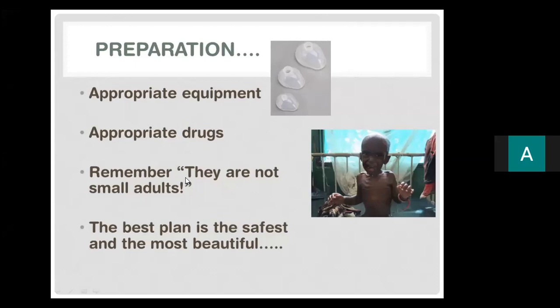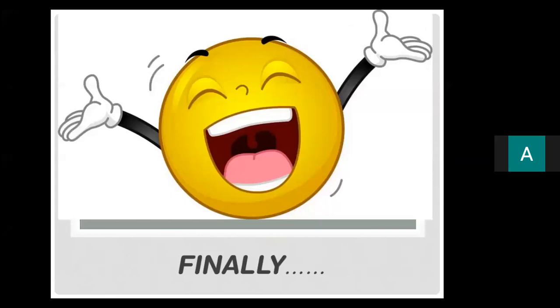And when you're looking at the plan, the best plan is the safest plan that you'll use for them, okay? And sometimes the most beautiful plan might be referring them to a better facility, okay?